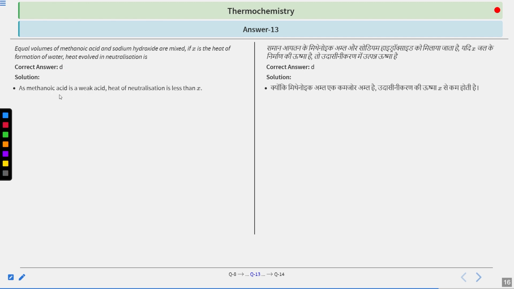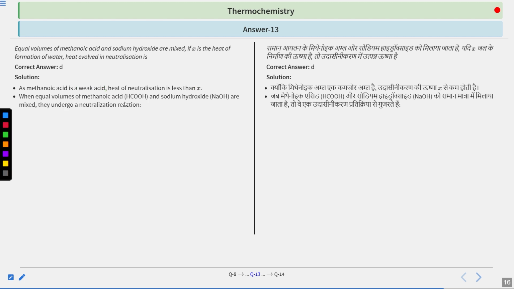I have told you the main thing was that methanoic acid is a weak acid, right? So the heat of neutralization will be less than X. Why is it so? Because when these two things, your methanoic acid and your sodium hydroxide, undergo neutralization, this is the equation that is being used.